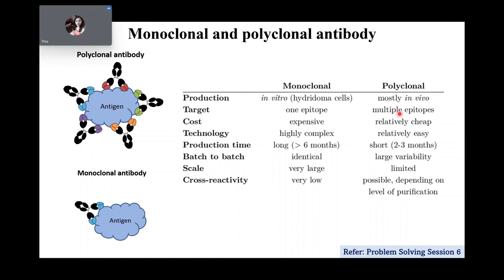Other factors related to this are, from a production point of view, they take a very short period of time, and they are very easy and cheap to make, and they have very large variability because they are recognizing different parts of the antigen, and they can show cross reactivity.